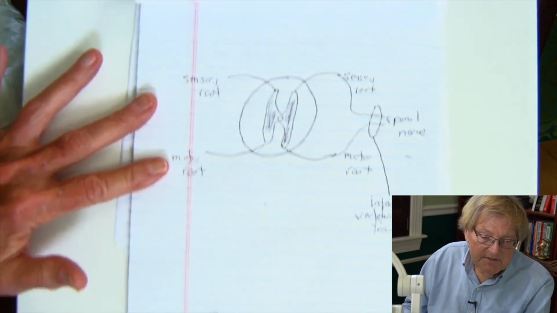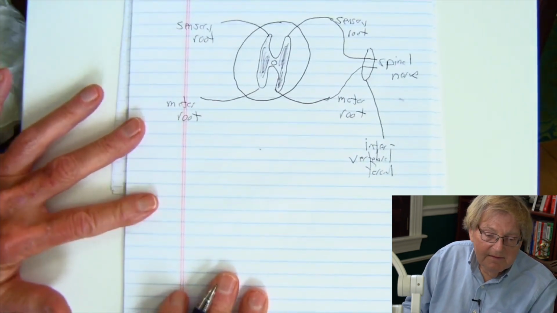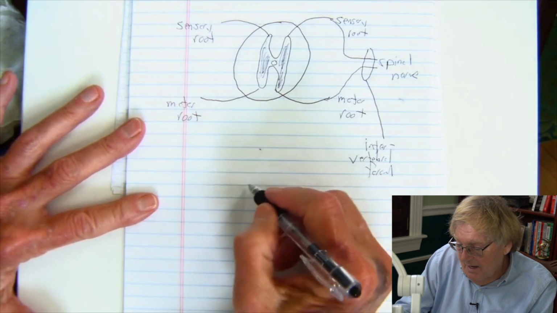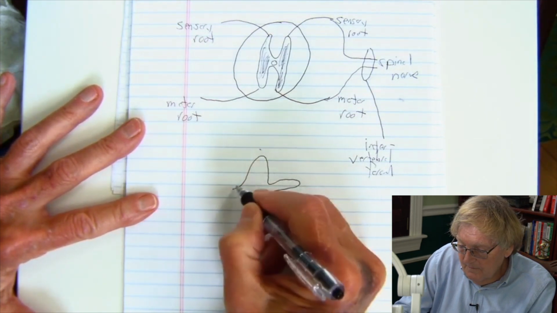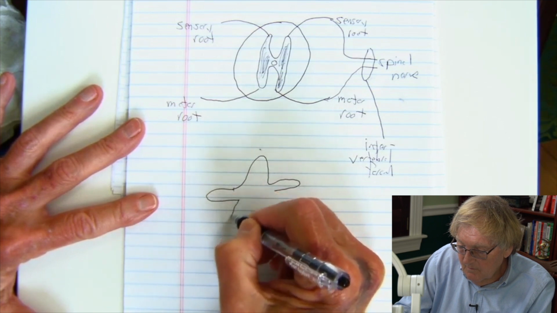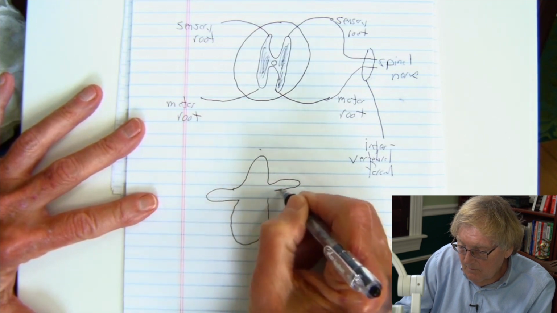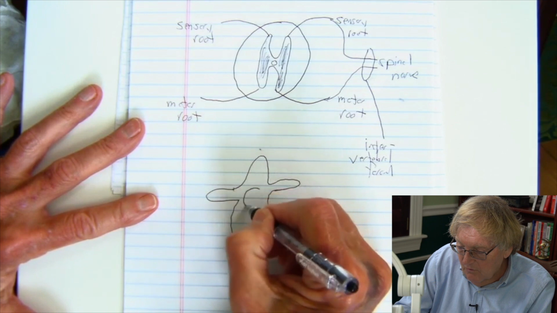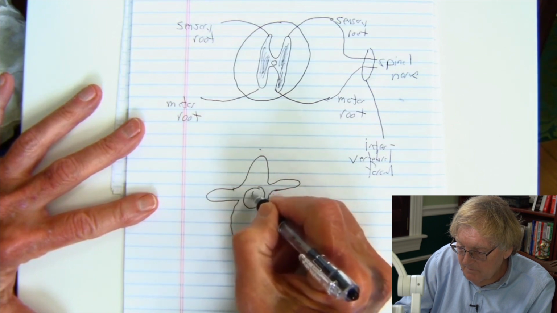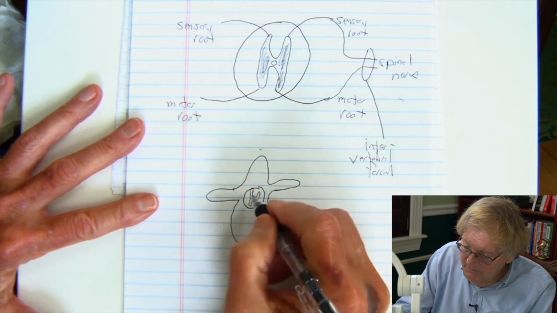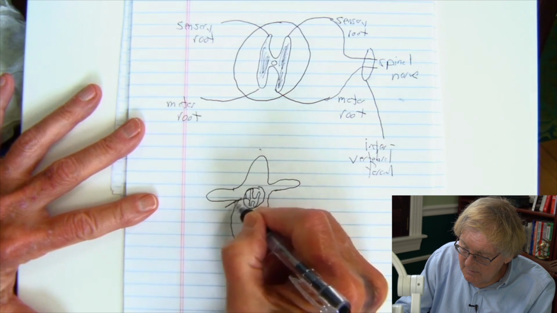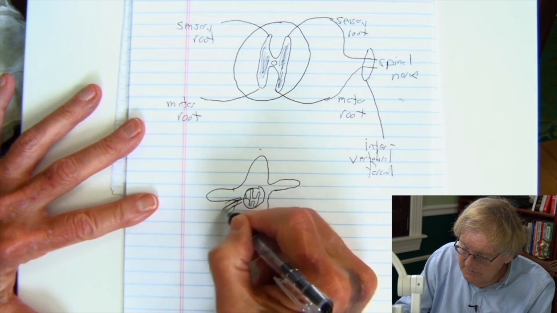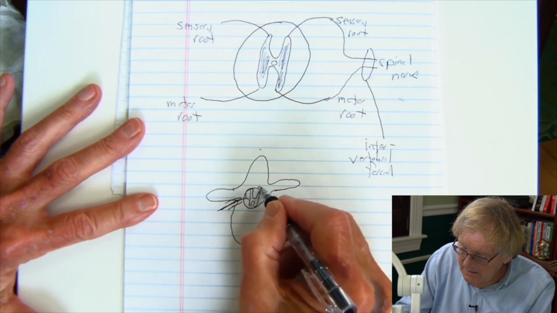So now if we just tie that together, if this again is going to be my vertebra, and here's my spinal cord sitting in the middle here, coming off of here are going to be those roots that will join together, and they'll come out of that intervertebral foramen on either side.